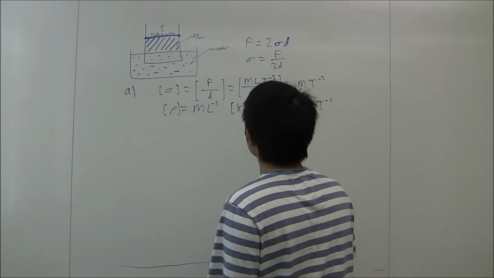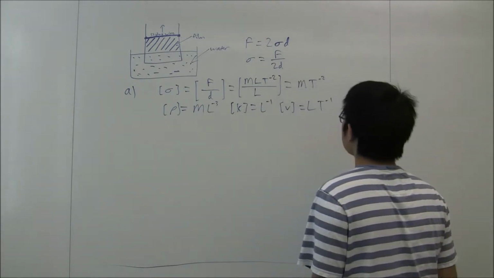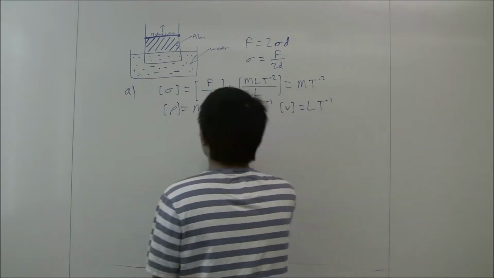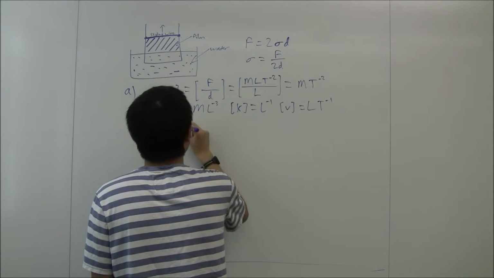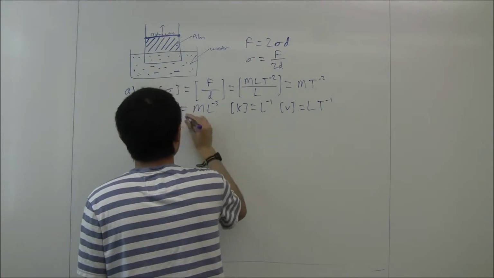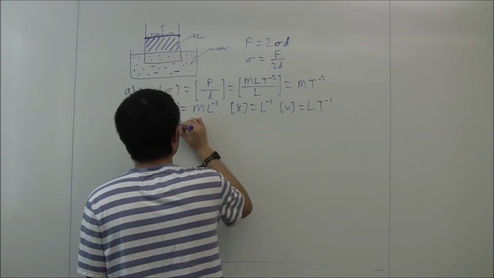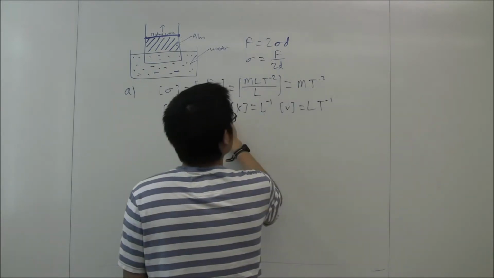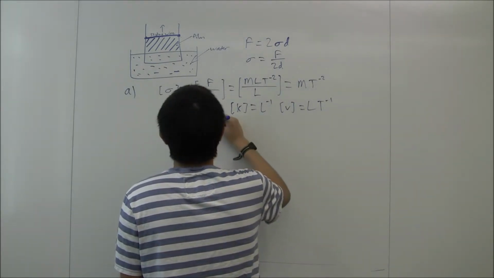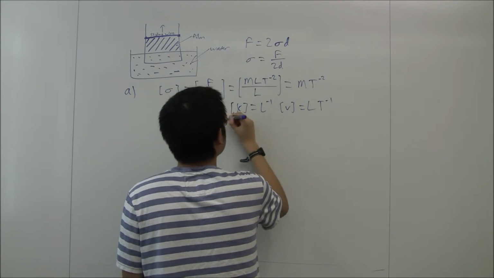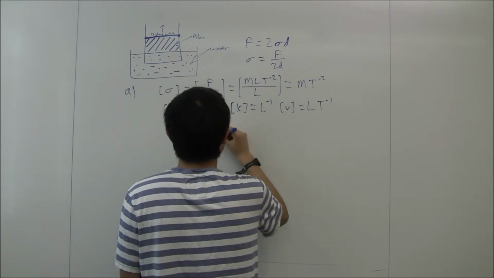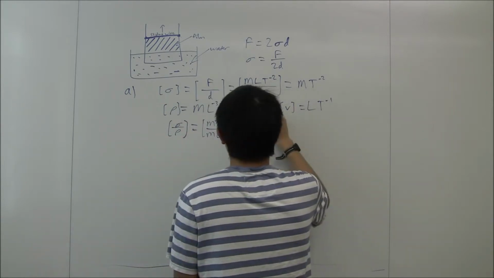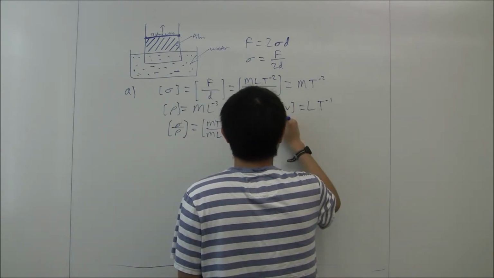So in order to get rid of the mass in the units, we're going to take the ratio sigma over rho. So these units are going to give us mass times time to the negative 2 over mass times length to the negative 3, which is going to equal length cubed times time to the negative 2.